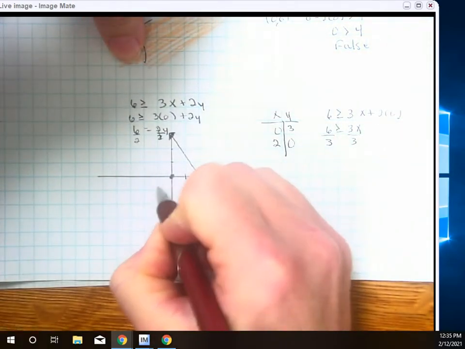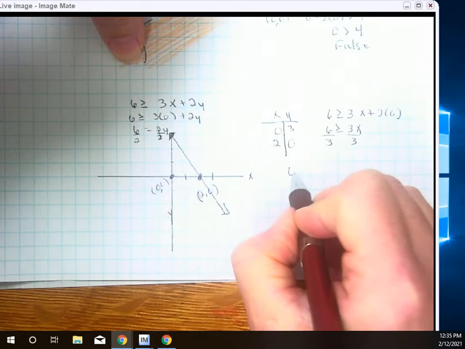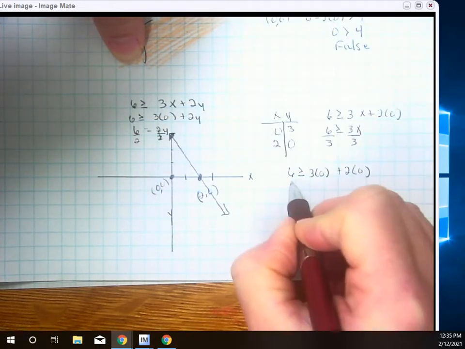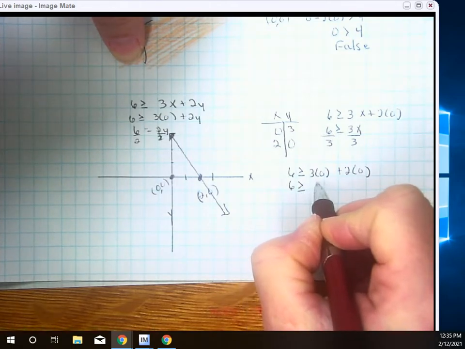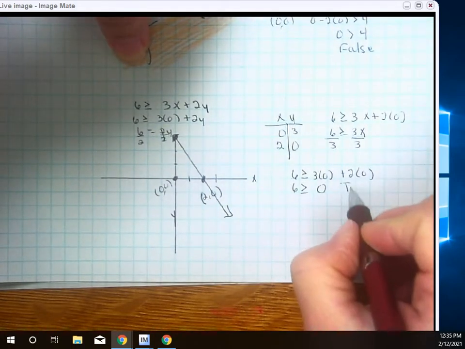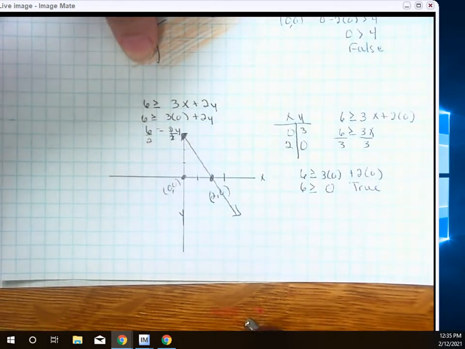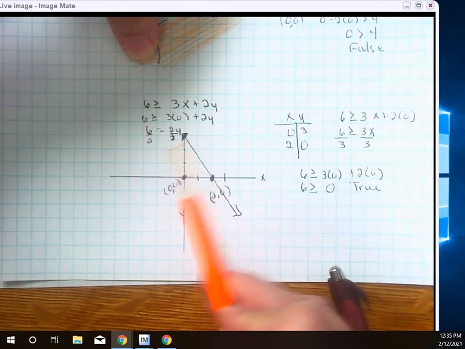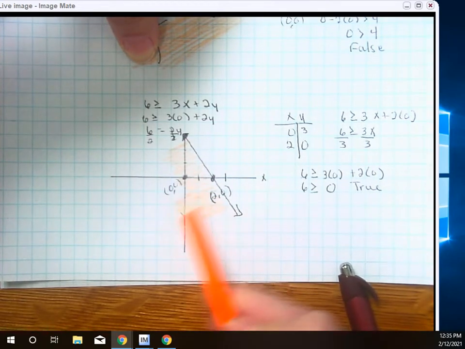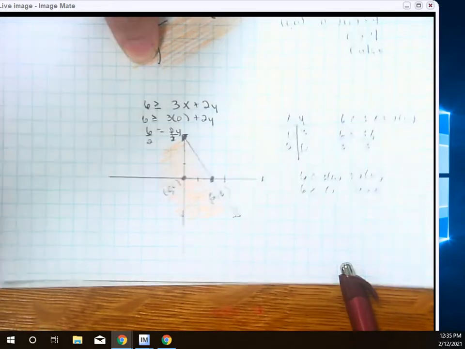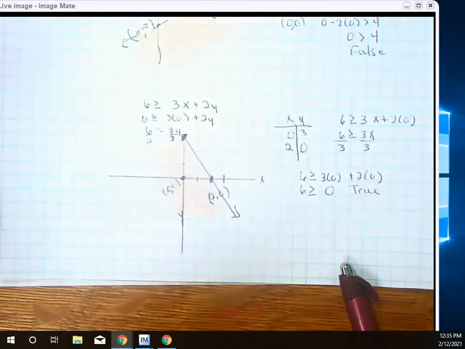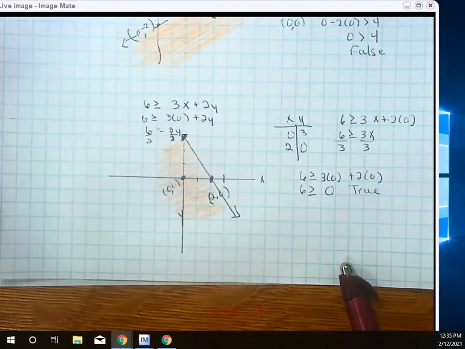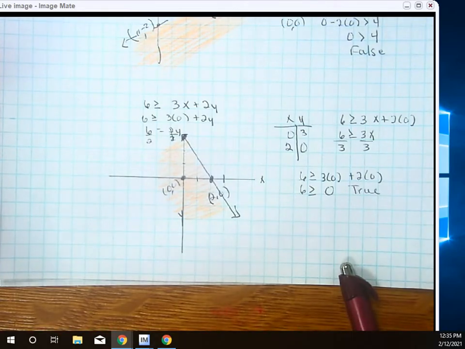So I'm going to go back to my checkpoint (0, 0). 6 is greater than or equal to 3 times 0 plus 2 times 0. 6 is greater than or equal to 0. Well, that's a true statement. My point (0, 0) lies below the line. So don't go into your little trick from middle school that said if it's greater than, shade above, and if it's less than, shade below. In upper level maths, you really need to check to make sure that you have the correct side shaded.